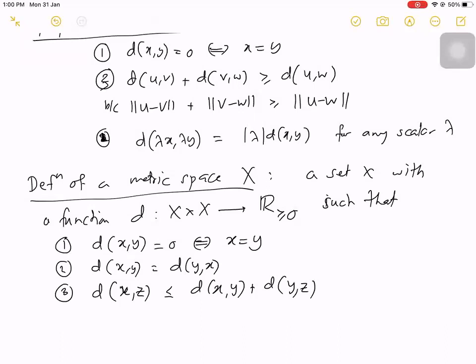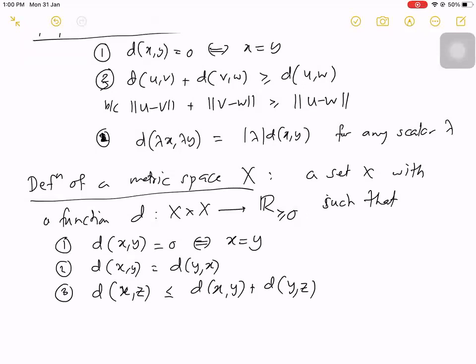For example, one of the first payoffs, and by no means the complete answer, but still one good answer, is that the definition of continuity will become much easier in terms of this language. It will become linguistically easier, and so it will also become conceptually easier.